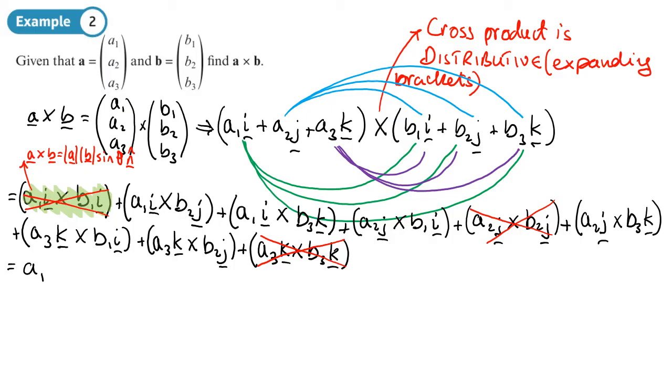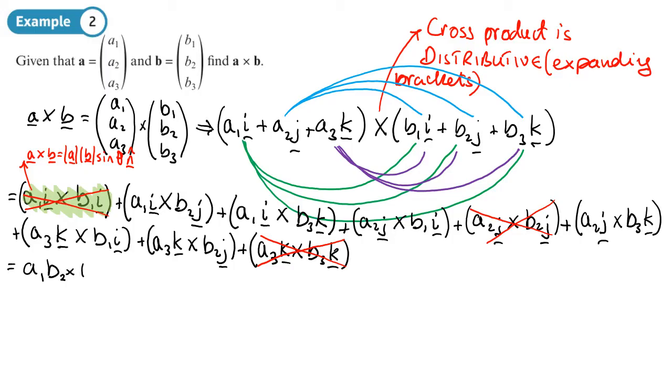So A1 B2, then times by the sine of the angle between them. Well, they're perpendicular, so that's going to get times by sine 90, it's going to get times by 1, so this is times here, not cross.